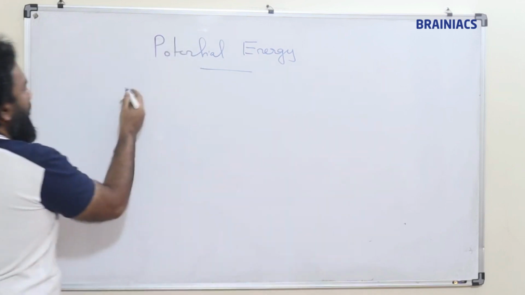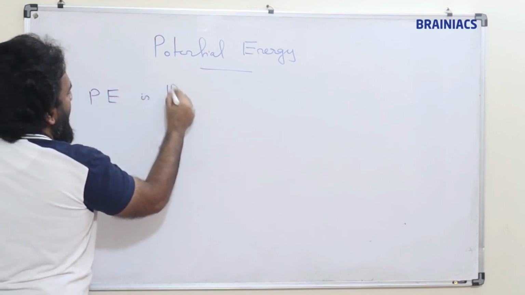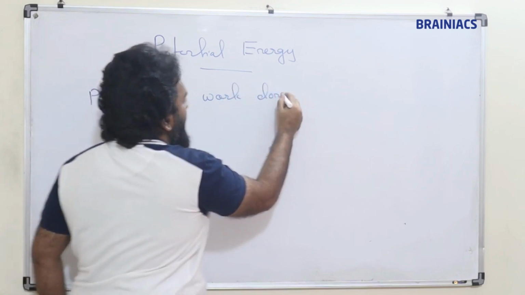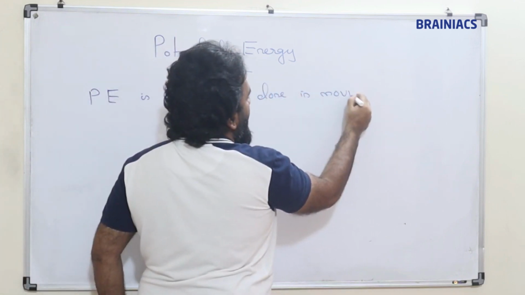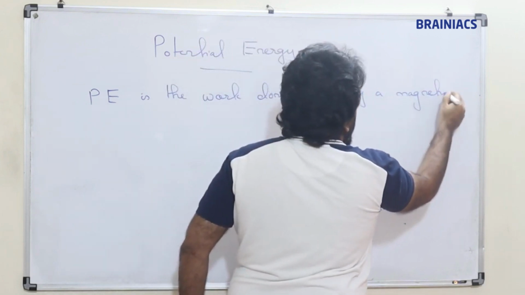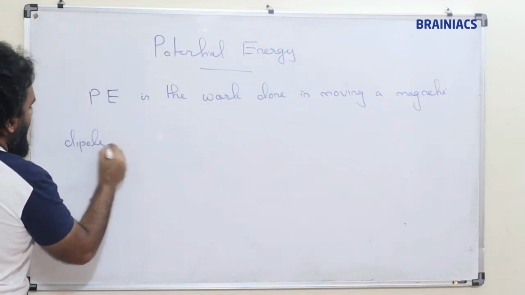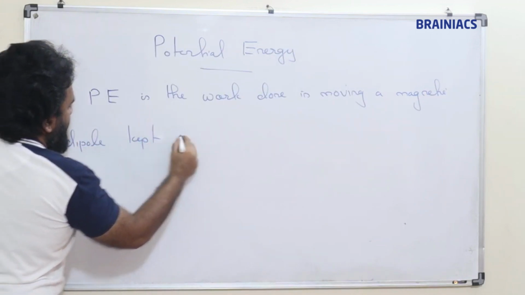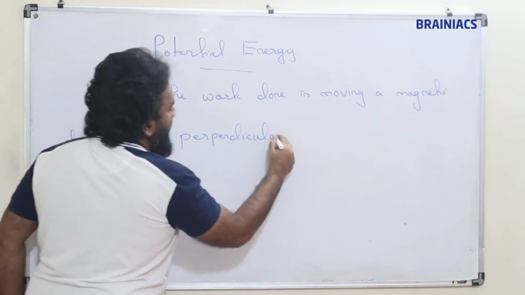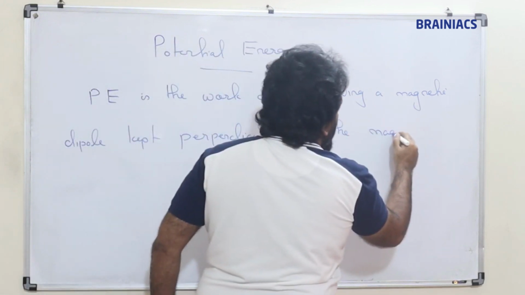Okay, so potential energy is the work done in moving a magnetic dipole kept perpendicular to the magnetic field.